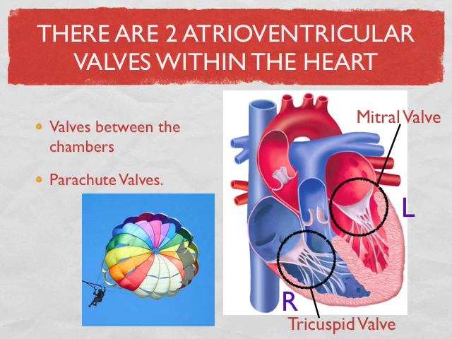So make sure you know the term mitral valve for the left atrioventricular valve. All right? If I say name the left atrioventricular valve, right, you ought to be able to tell me it's the mitral. Know what an atrioventricular valve is, and know the names of the two.